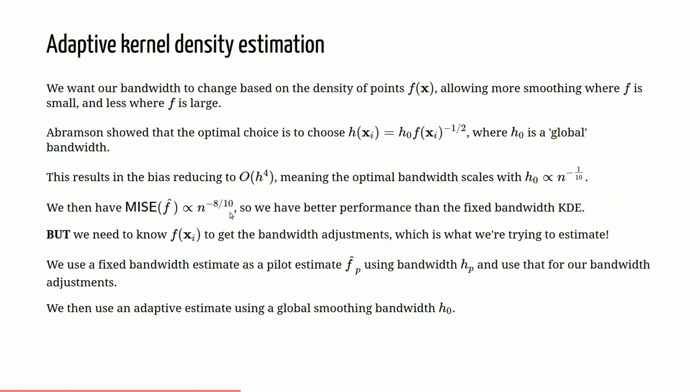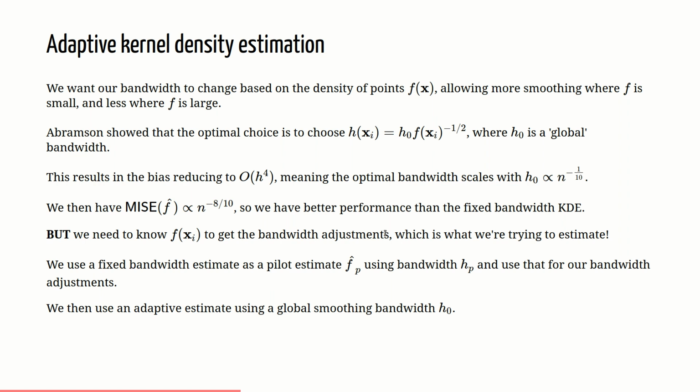Now the disadvantage, of course, is that in order to know what the bandwidth should be at each location, we need to know what f is. And of course our whole thing here is estimating f, right? This is why we're doing the kernel density estimates, because we don't know what f is. So we've got to know what it is before we can know how to estimate it. It's kind of a weird backwards thing. A circular thing. We're never going to get anywhere, right?